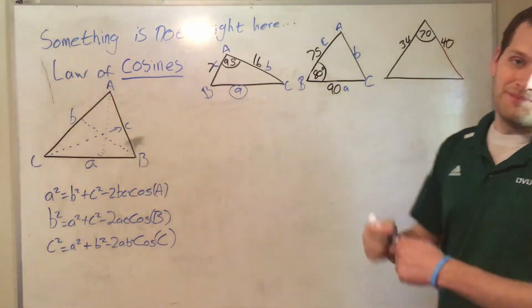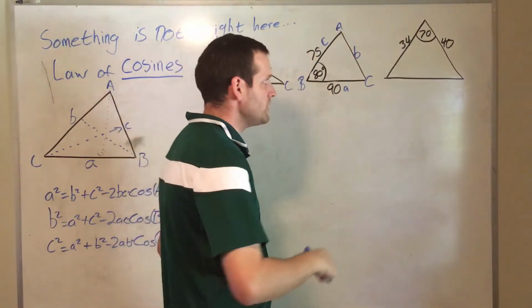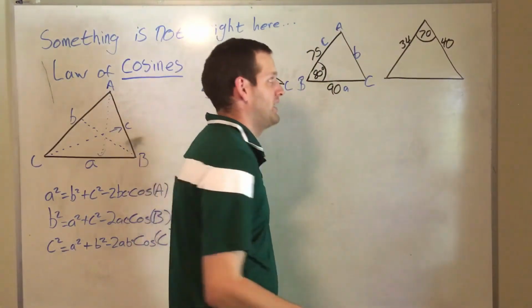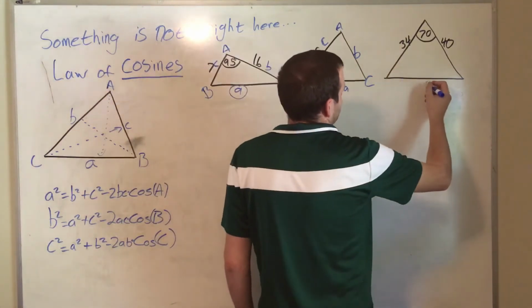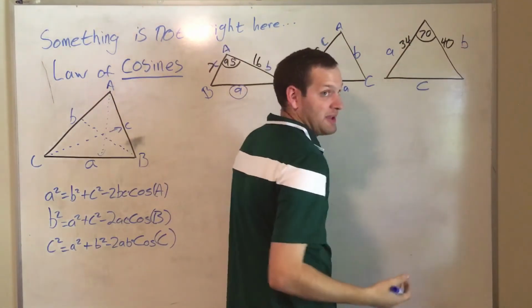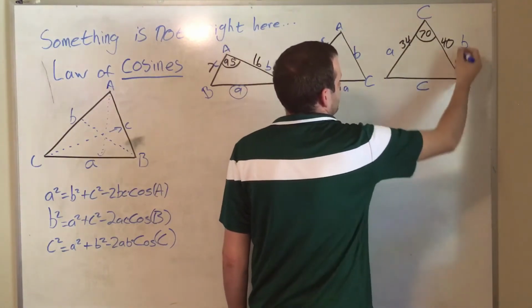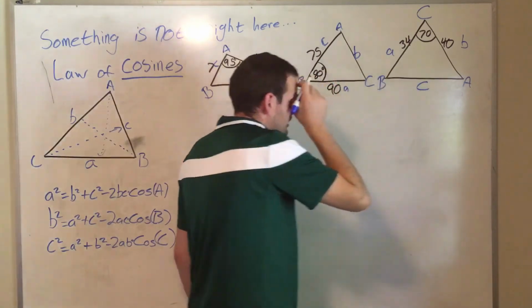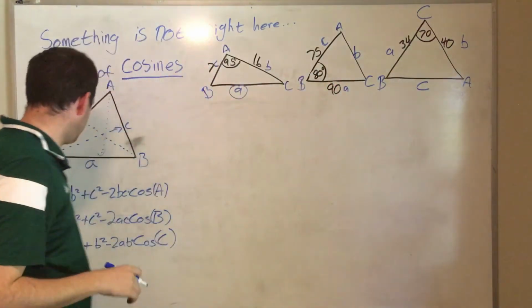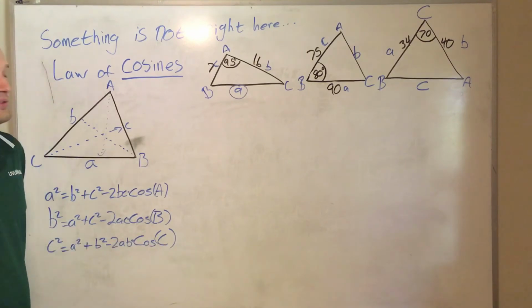All right, here we go. You should have paused it. You should have the answer by now. I'm going to start off with one of my sides. Let's call this C, A, and B. My angles would then have to be C, A, and B. If I'm trying to find side C, this last equation would be the easiest to use. It doesn't matter, though.